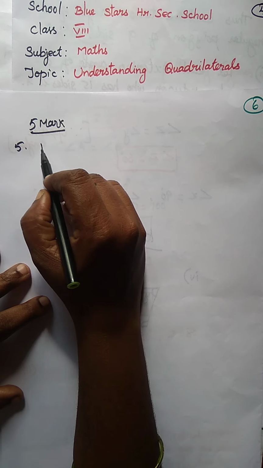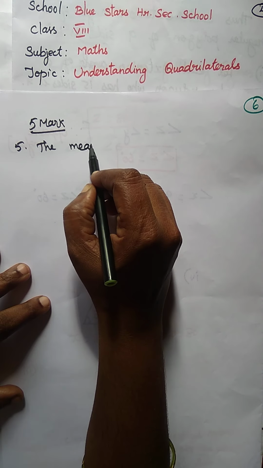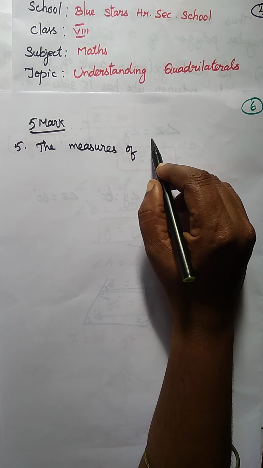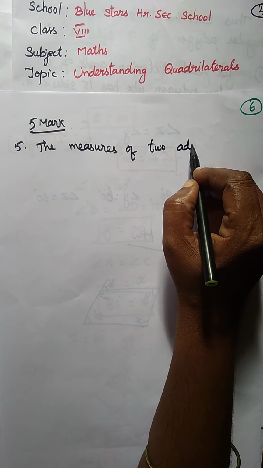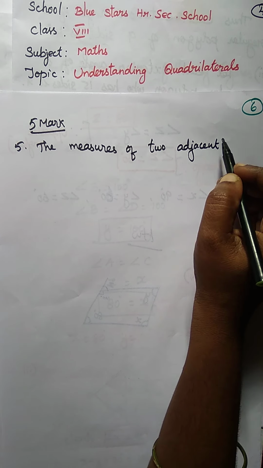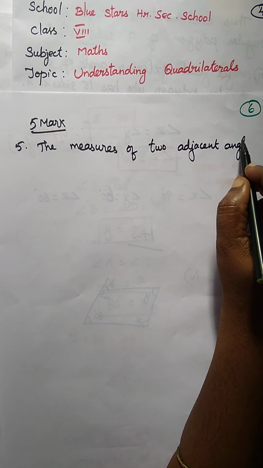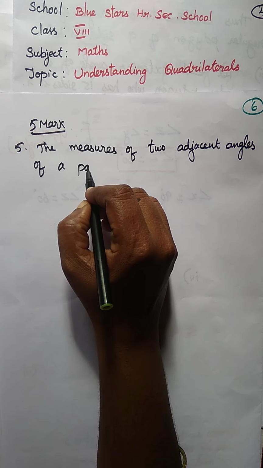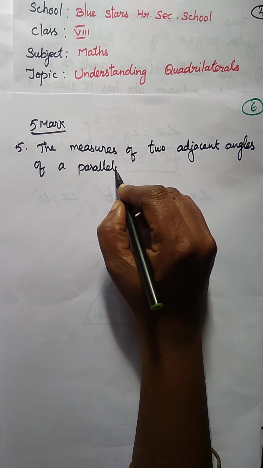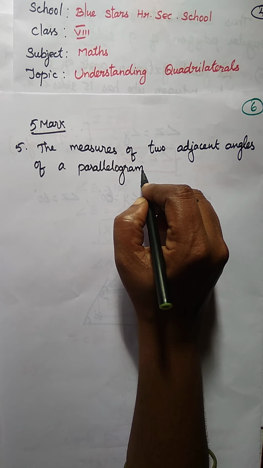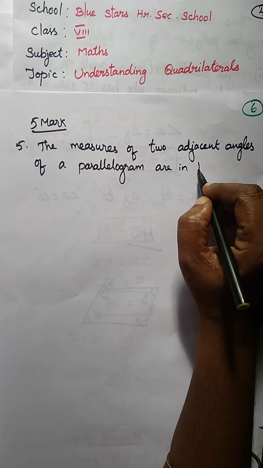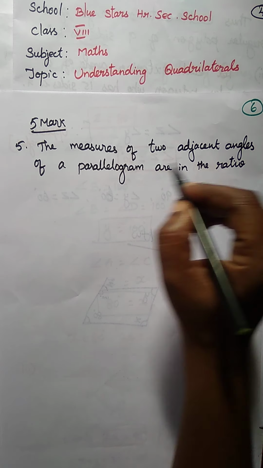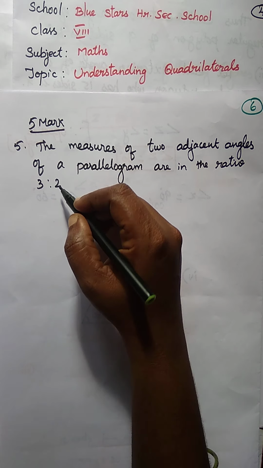Question number 5, the measures of two adjacent angles of a parallelogram are in the ratio 3:2.